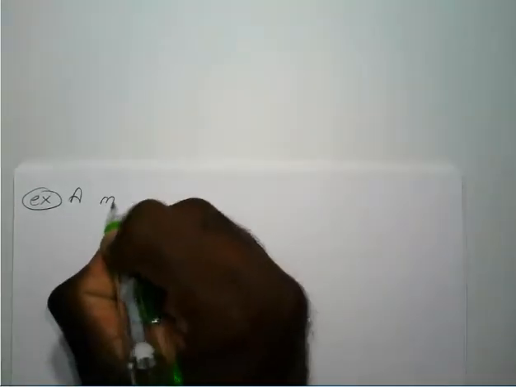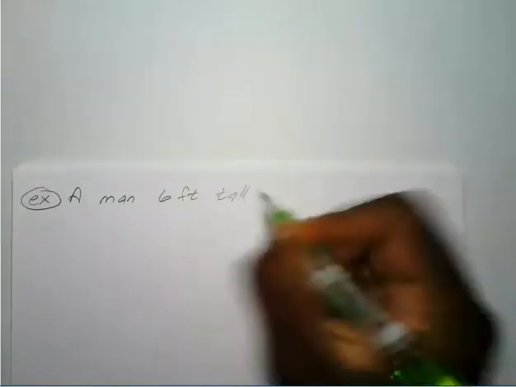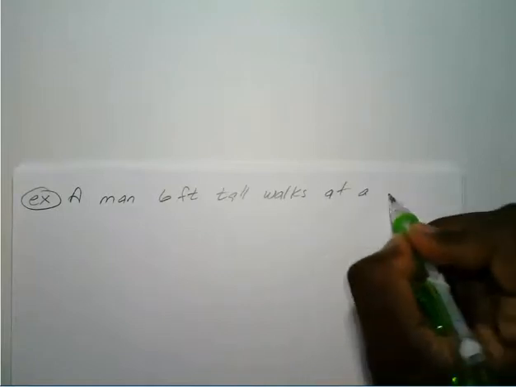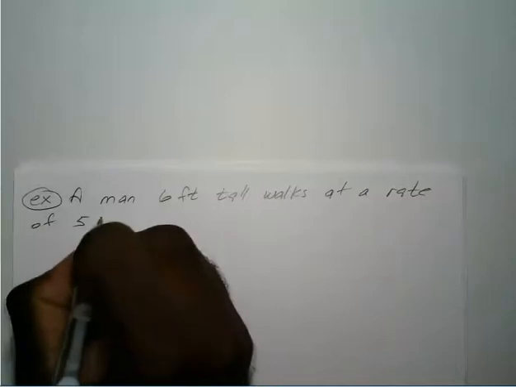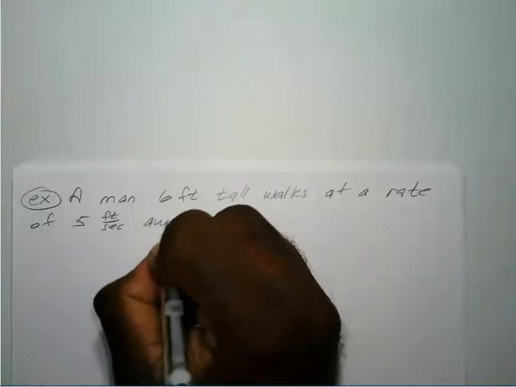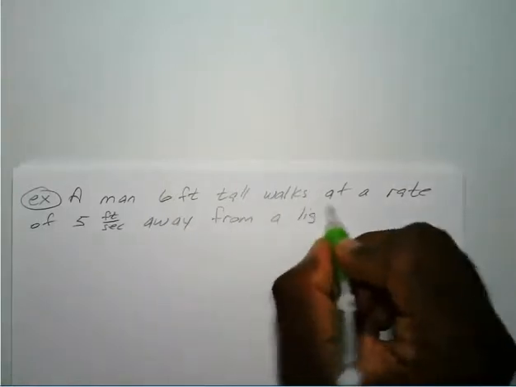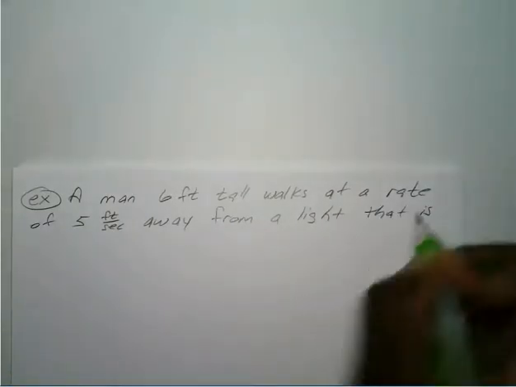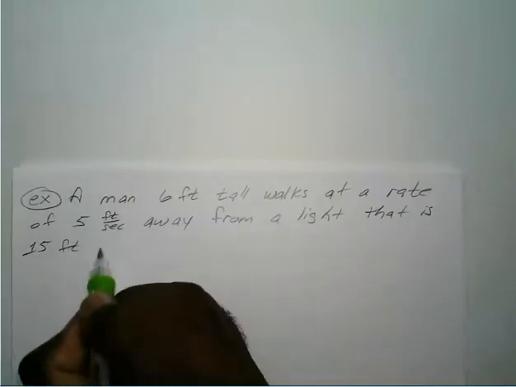What if you have a man who is 6 feet tall, walks at a rate of 5 feet per second away from a light that is 15 feet above the ground.